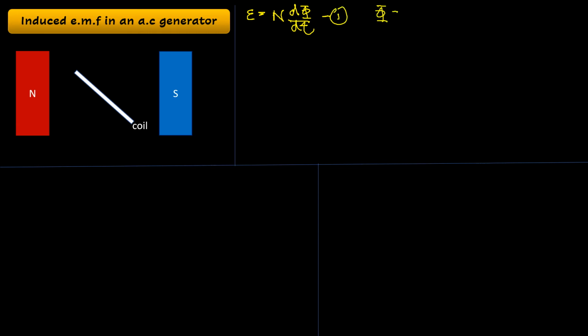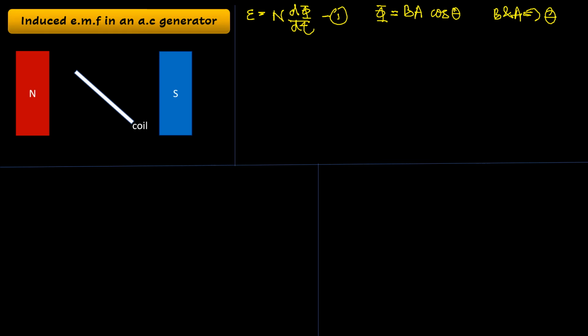Phi here is your magnetic flux, which is BA cos theta. B is your magnetic field strength, A is your vector area, and theta is the angle between B and A.